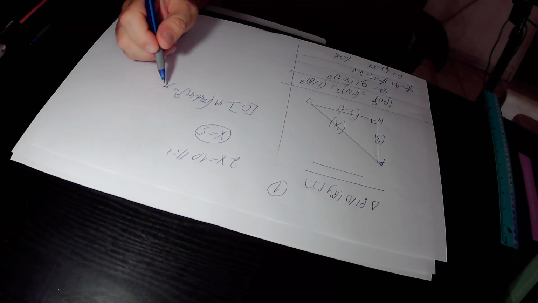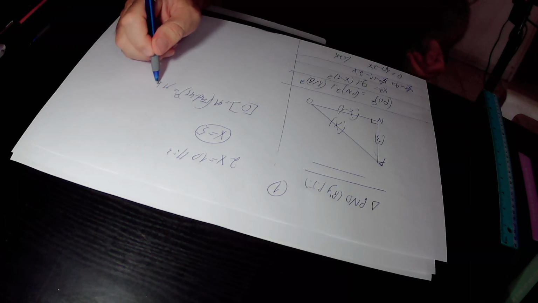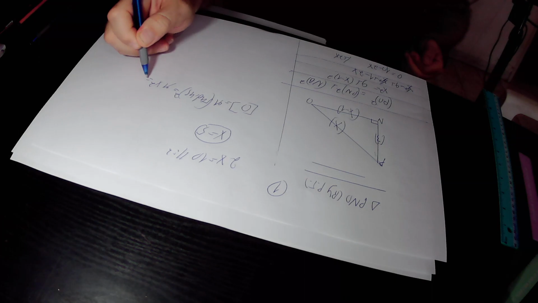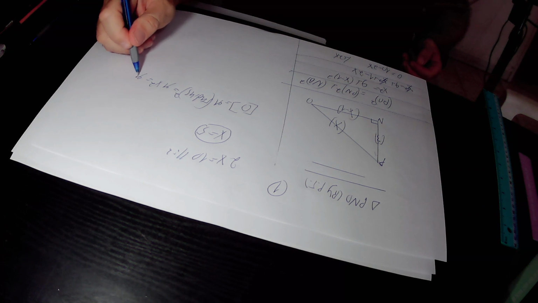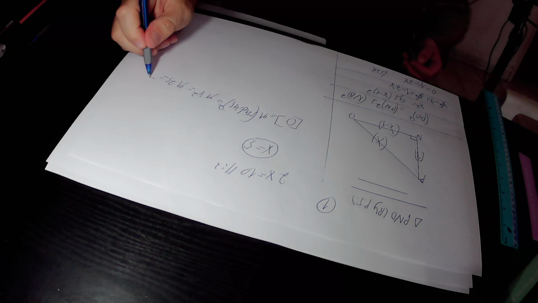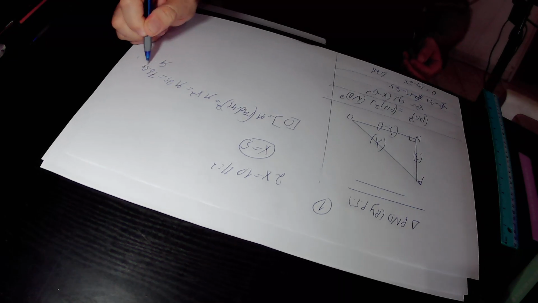The radius of our circle is x, therefore the radius squared is x squared. So the area of our circle equals pi x squared. X is 5, therefore x squared is 5 squared, that is 25. So the area of our circle equals 25 pi. In terms of numbers, it is equal to 78.54 square units.